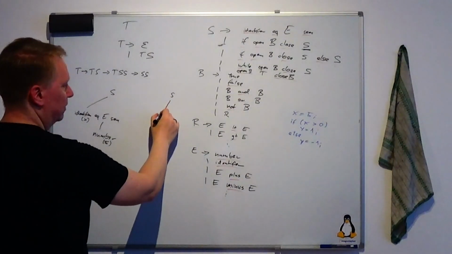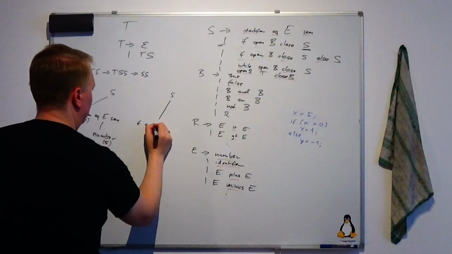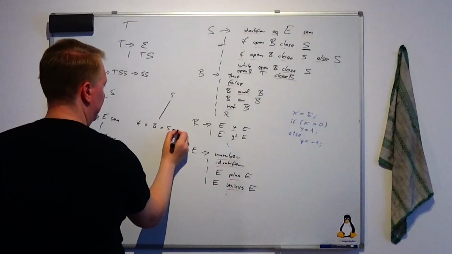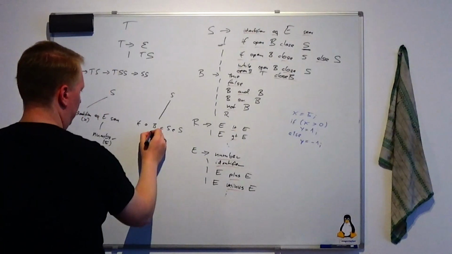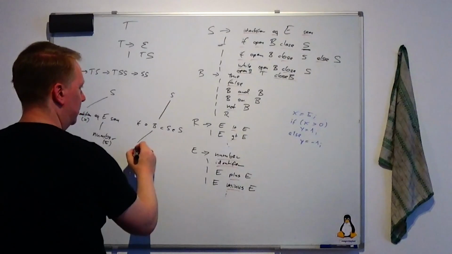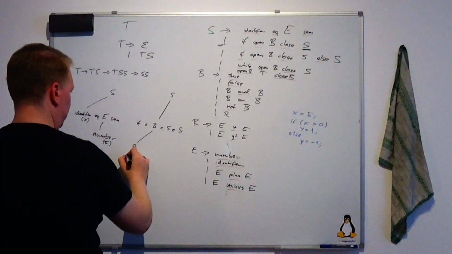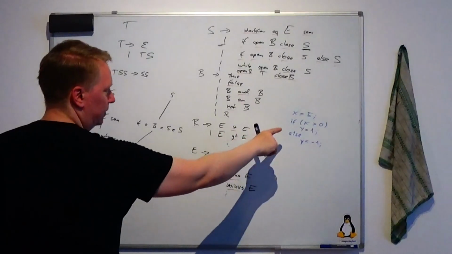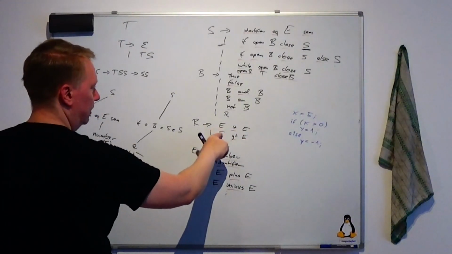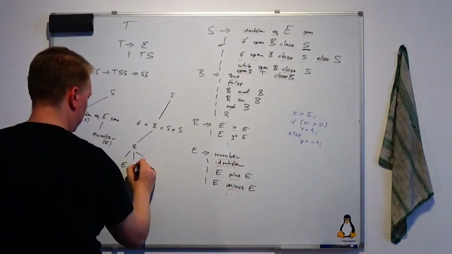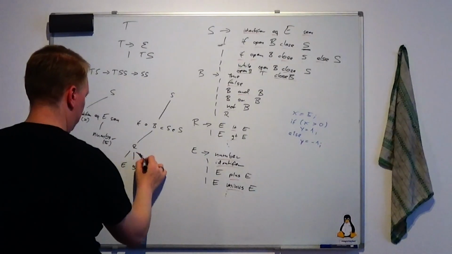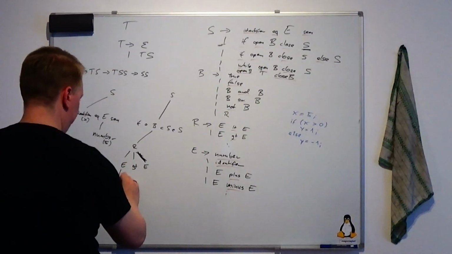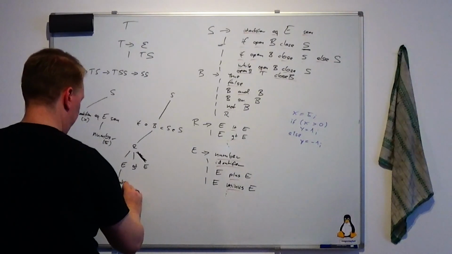And this S goes to if, open, boolean, close, S, else, S. This boolean goes to relative operation, goes to E greater than E. This expression goes to identifier, namely x.